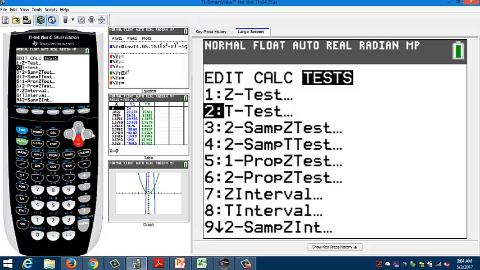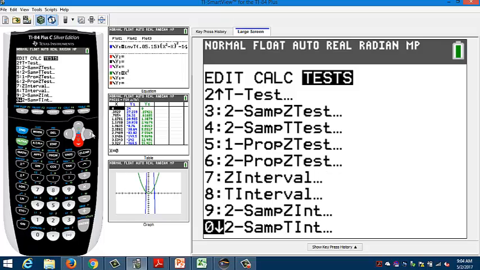Look at choice 9, 2 sample Z interval. We don't want Z. What do we want since we're going after the means? There it is. Looks like on my calculator it's choice 0. I don't know if you all have this. 2 sample T interval. That's what I'm looking for. Now, if not, there's other ways to do this, right?